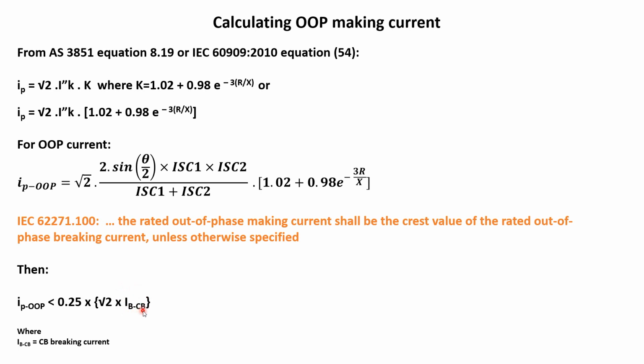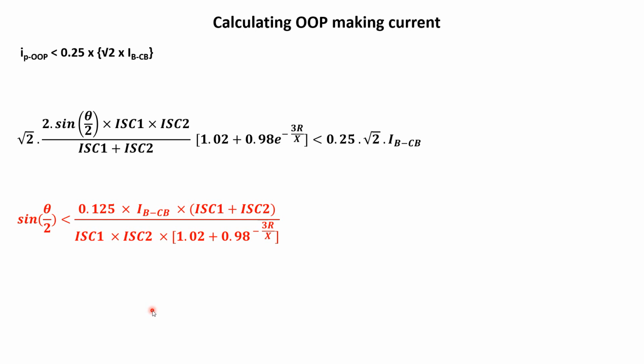Normally we should use the breaking current. And we know that the allowable out of phase breaking current is 25% of this. So the peak value of out of phase current should be less than 25% of the square root of 2 times the breaking current of the circuit breaker.